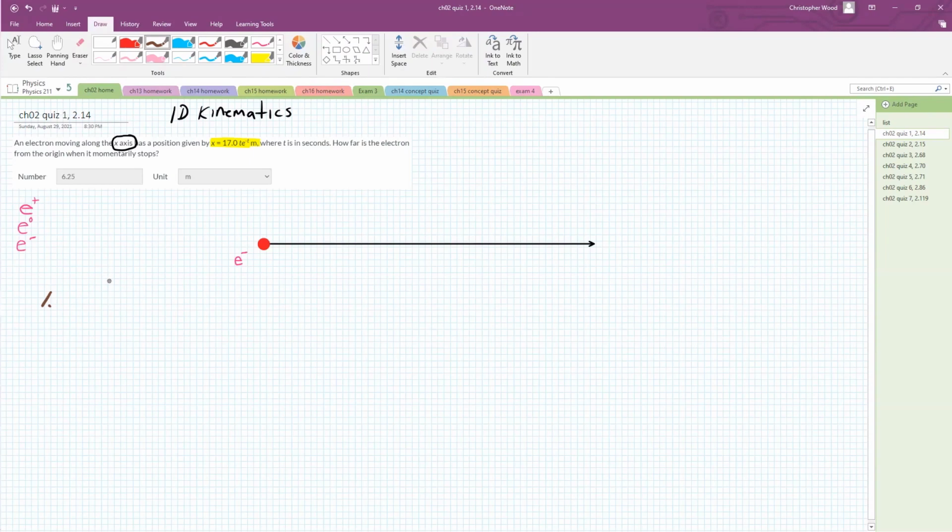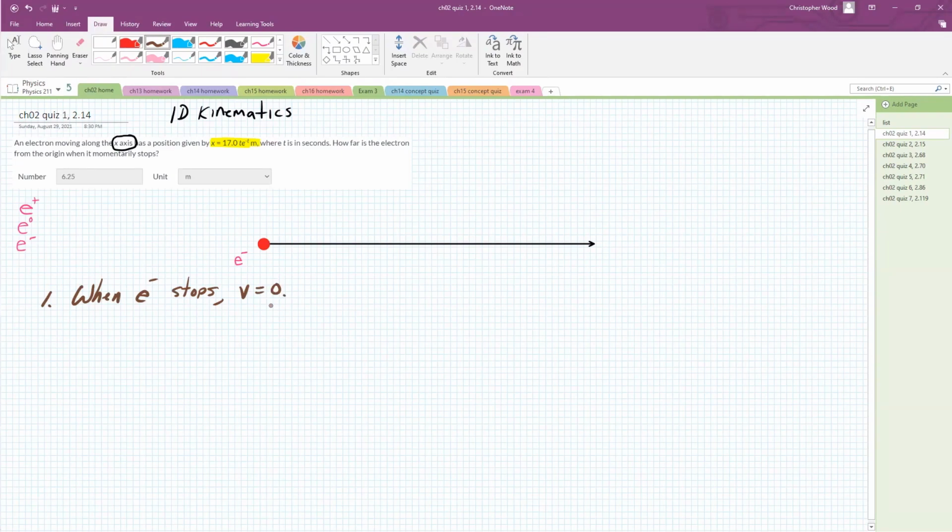Let's see, how far is the electron from the origin when it momentarily stops? I'm just going to start doing what you'll be doing on the exam. When the electron momentarily stops, what's true? Its velocity equals 0. That's kind of a no-brainer, when you've seen these problems a few times.